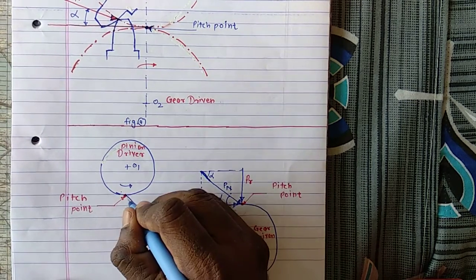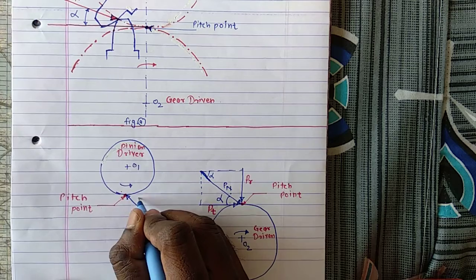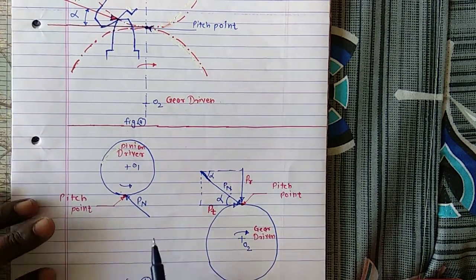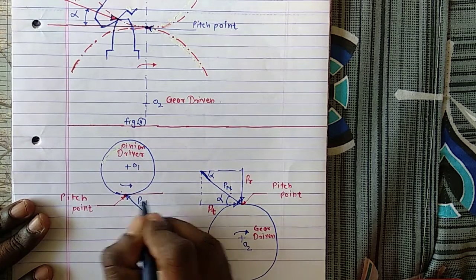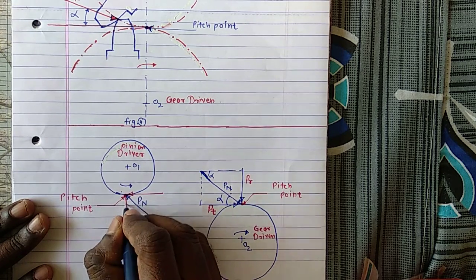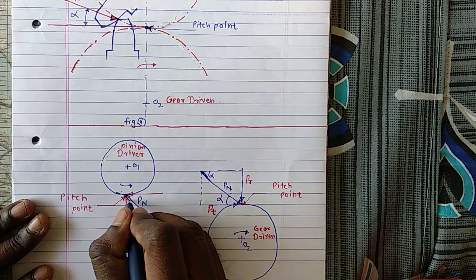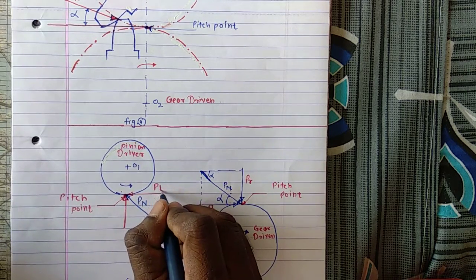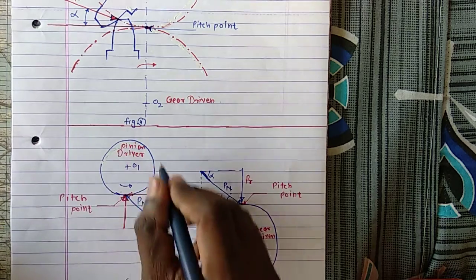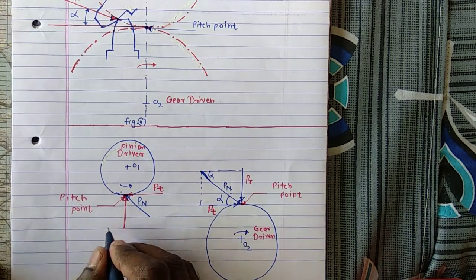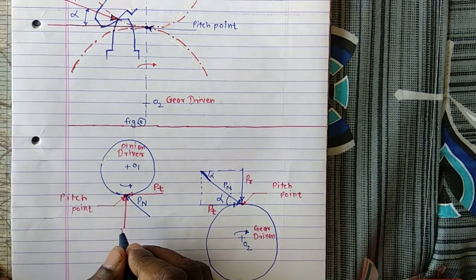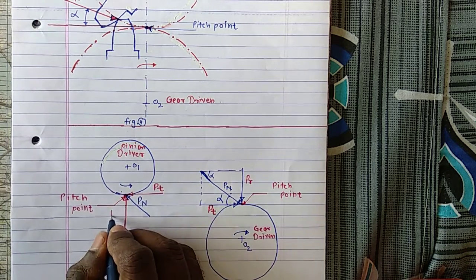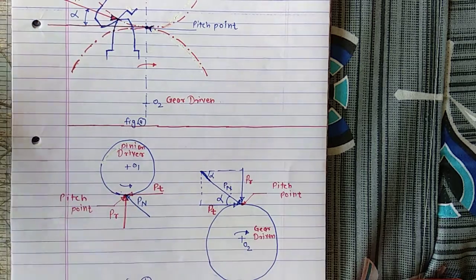This is the pinion, and again this force P is resolved into two components, horizontal and vertical. The horizontal component is tangential to the circle, that's why it is the tangential component PT, or tangential force PT. The second force is acting along the radius towards the center, that's why I am marking it as PR.